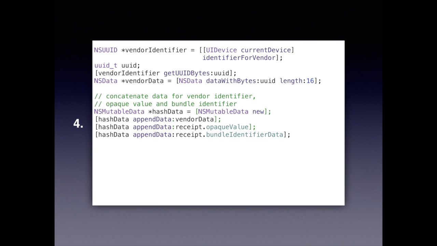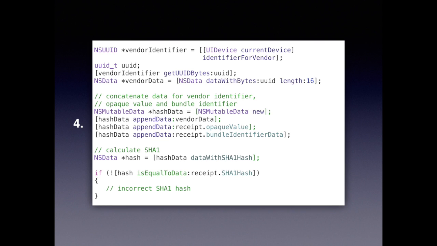And then finally, the bundle identifier data is also added. Then we calculate the SHA-1. I've got a helper method here that uses common crypto to get the SHA-1. And this SHA-1 hash needs to match up with the one that's in the receipt. And if we got until here, then we actually know that we have a valid receipt.